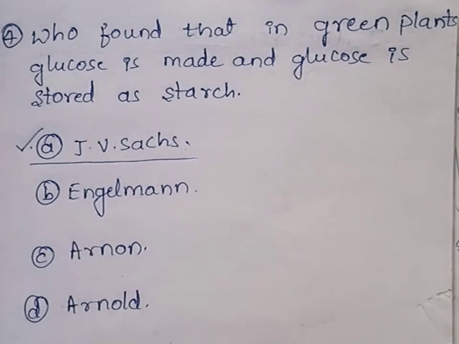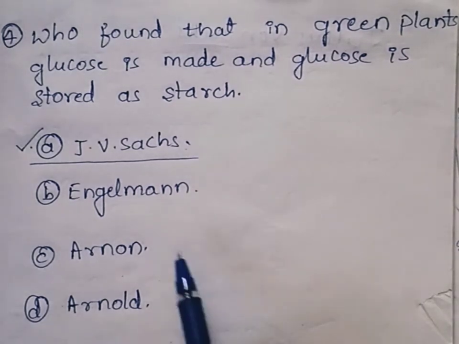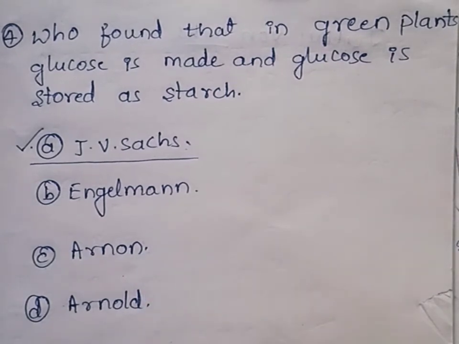According to Engelmann, in presence of blue and red light, there is a maximum liberation of oxygen molecule because of maximum rate of photosynthesis. Actually, for his experiment, he used one type of bacteria, that is aerobic type of bacteria. And next, Arnon explained about the photophosphorylation.